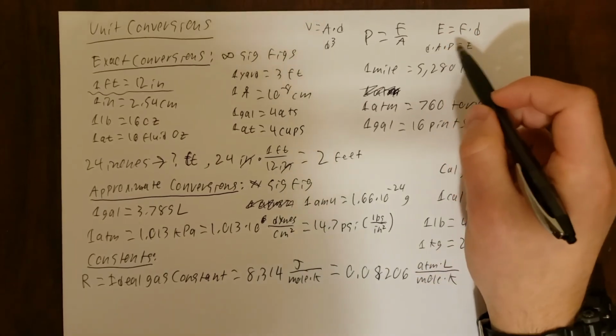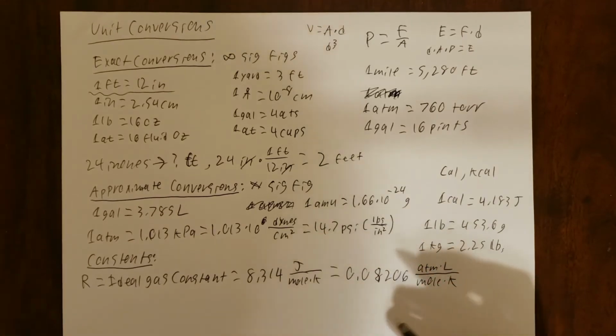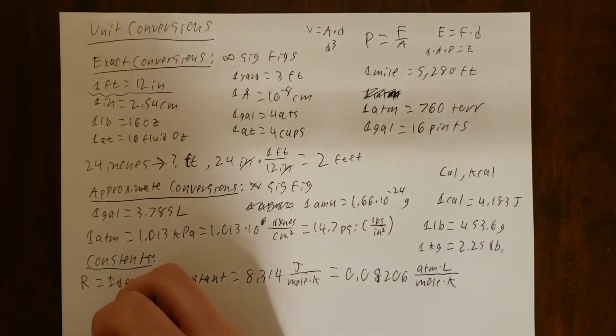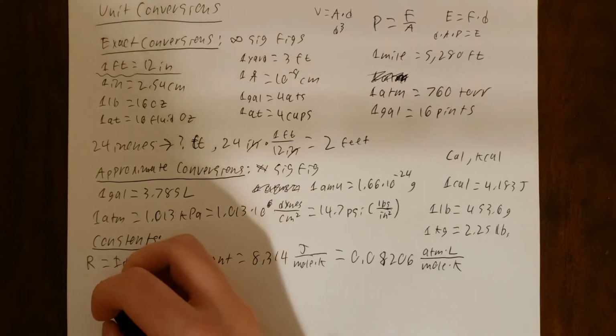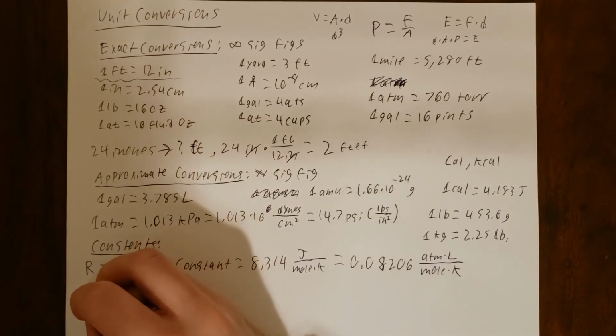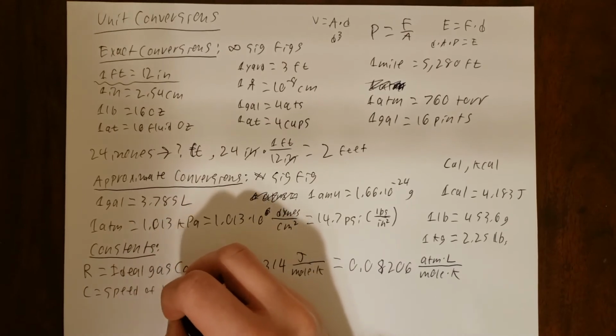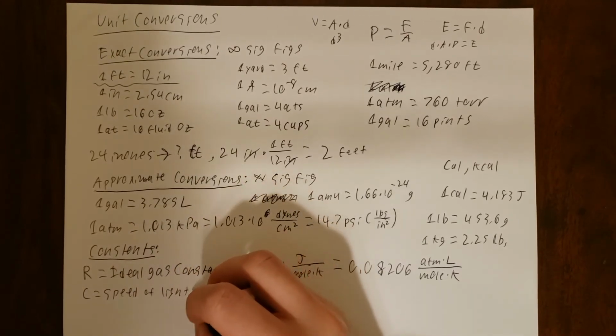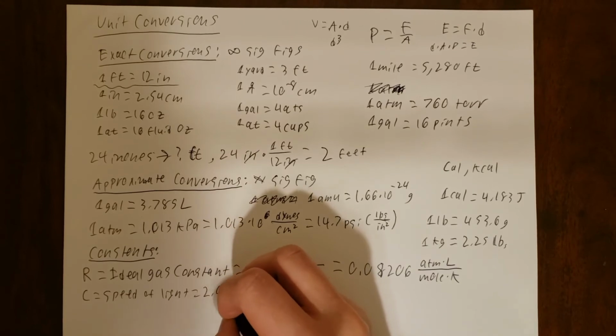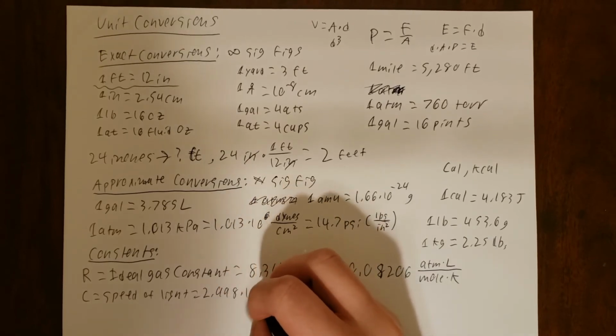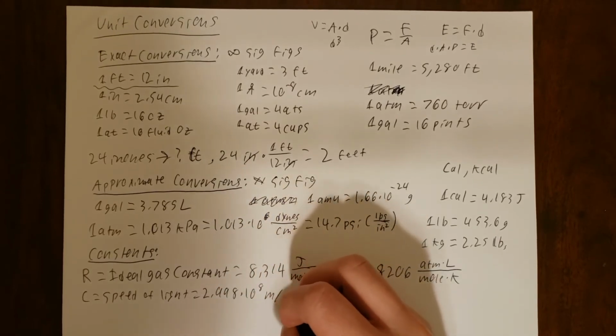But we'll go over this more later. In addition to this, we have c, the speed of light, which is equal to 2.998 times 10 to the 8th meters per second.